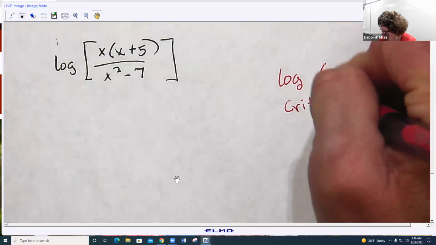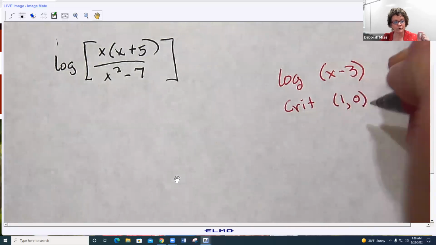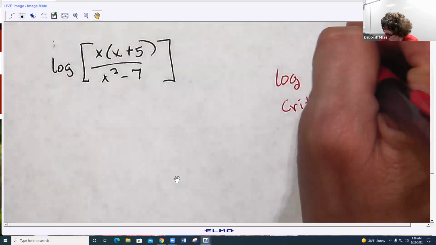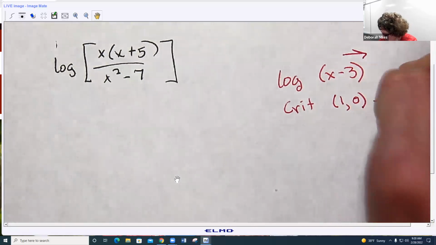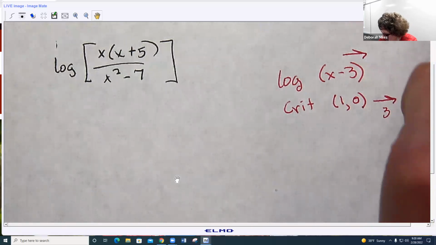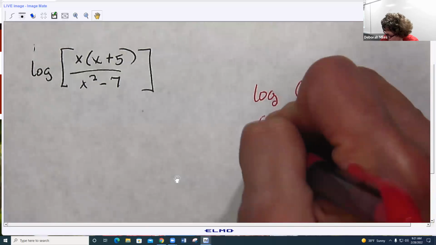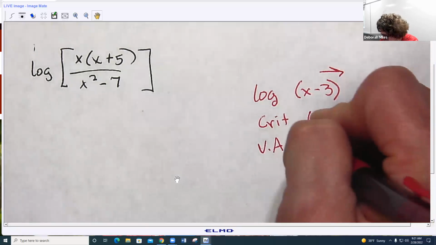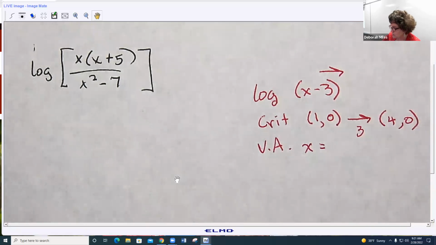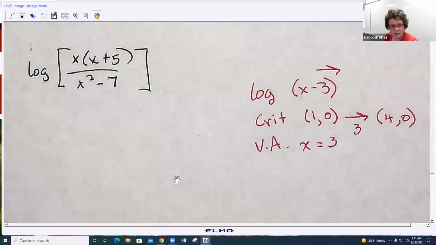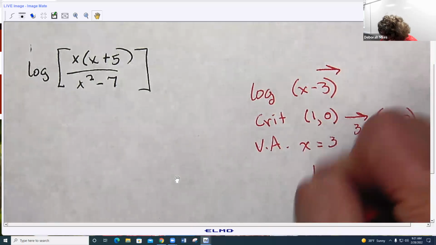Critical point is normally 1, 0. For the exponential function, it's 0, 1. Logarithmic is 1, 0. Only this has been shifted 3 to the right, so its critical point is 4, 0. And logarithms have a vertical asymptote, x equals 0 normally, but this has been shifted 3 to the right. So the vertical asymptote's x equals 3.